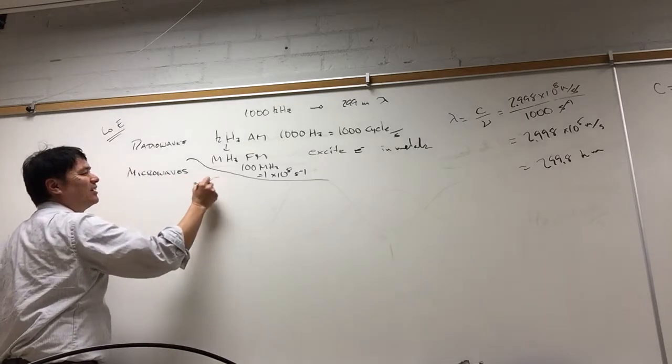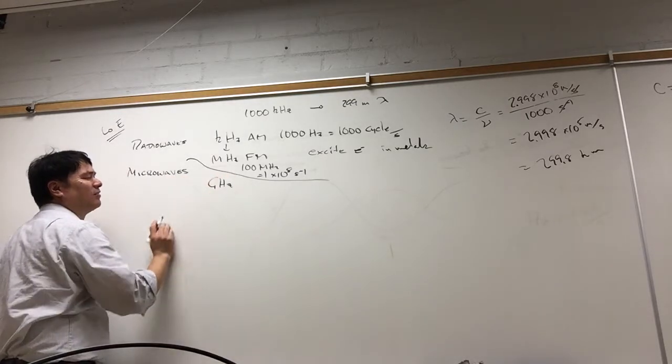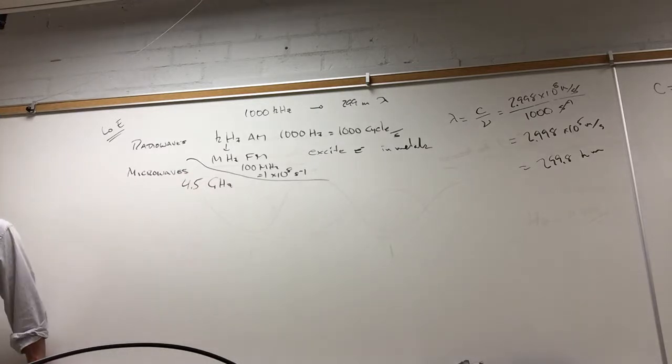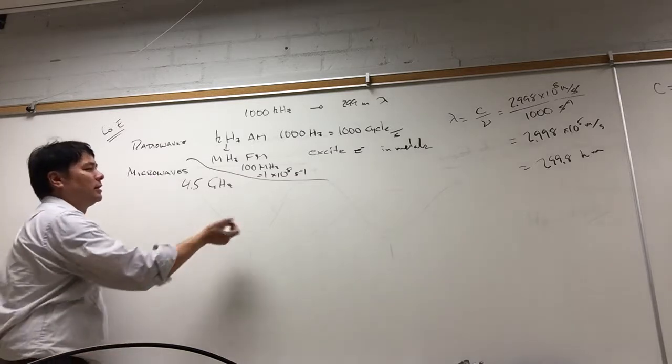Microwaves are at gigahertz. A microwave oven, I think, is 4.5 gigahertz. What's the wavelength of that? Well, what is a giga again?